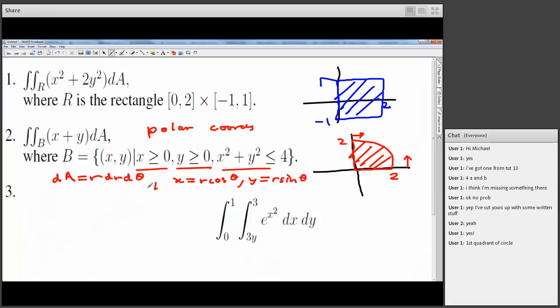Then the limits for r, because it's just a bit of a circle, would be from nothing up to a radius of 2, and theta, because it's just the first quadrant, would be from 0 up to pi on 2.